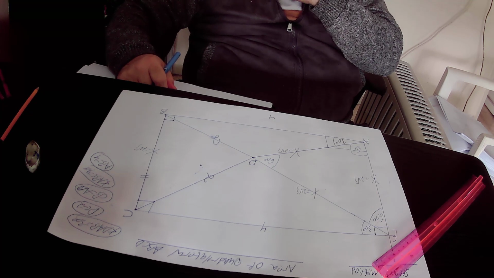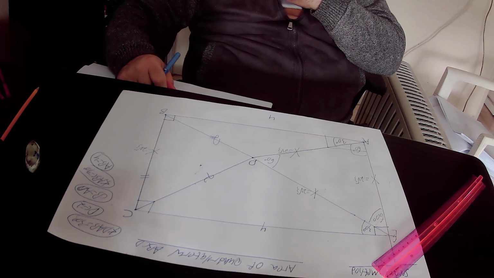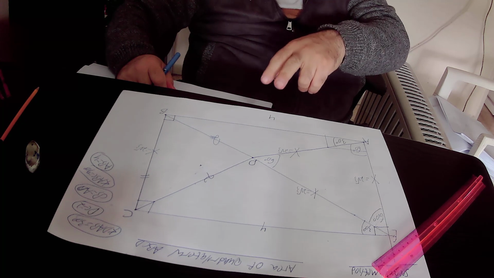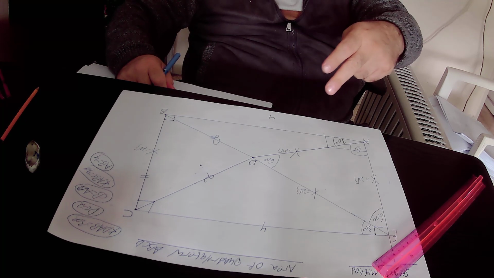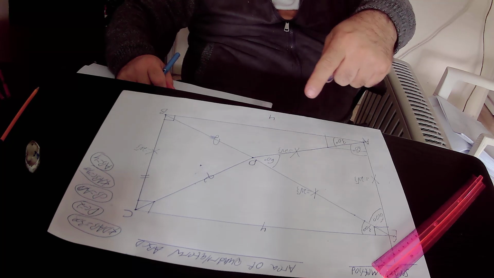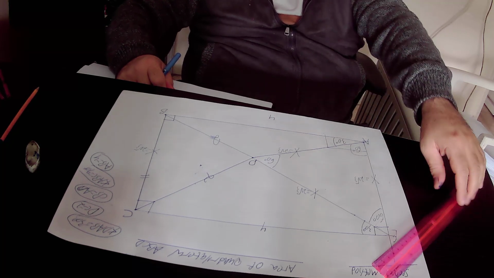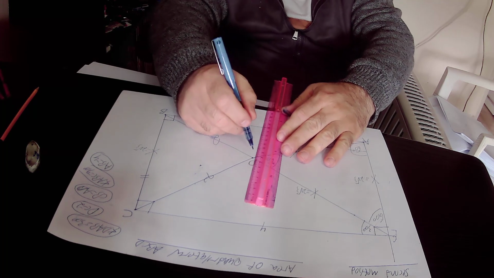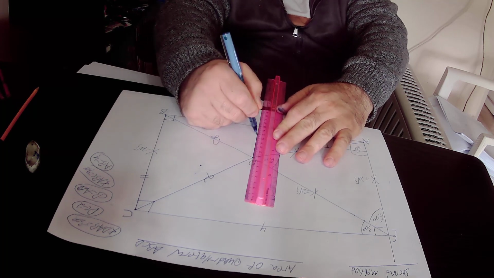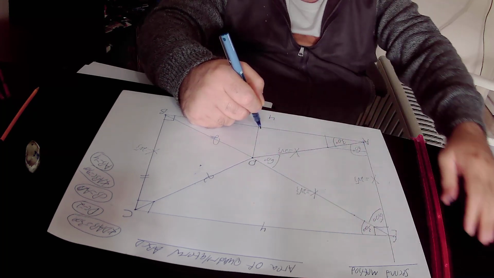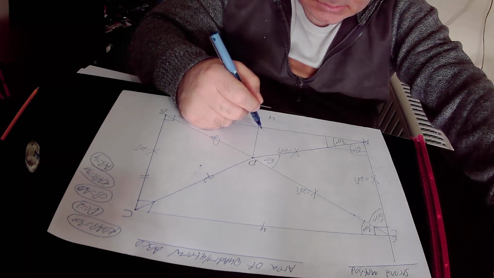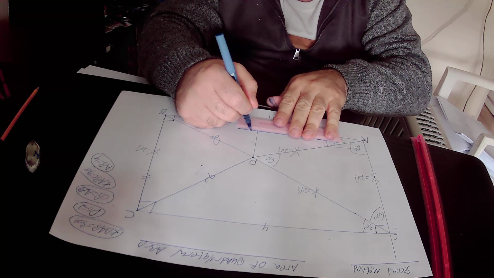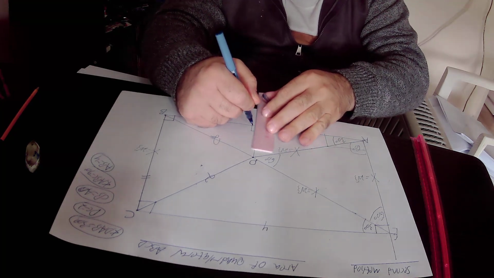Now, in order to calculate the area of triangle ADB, we will find out the height of triangle ADB. So from point D, we will draw a perpendicular to AB, so this angle equals 90 degrees, and this angle also equals 90 degrees.